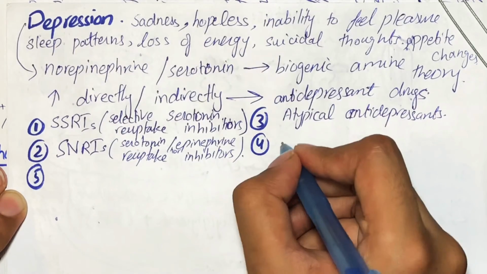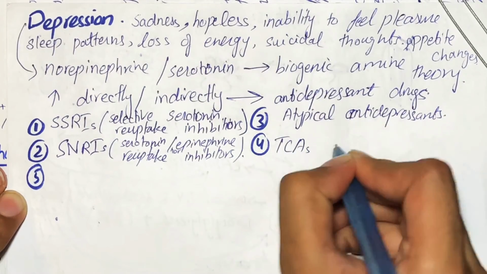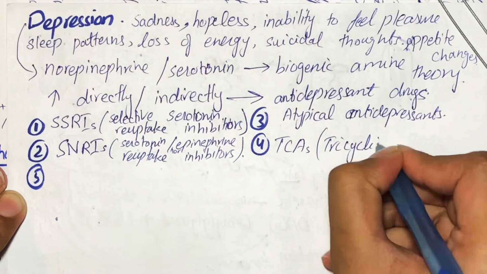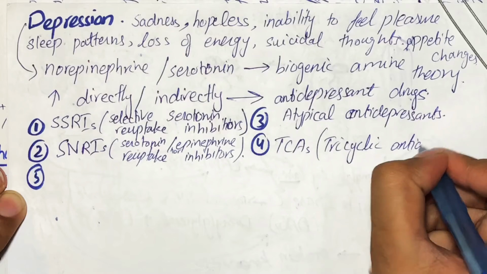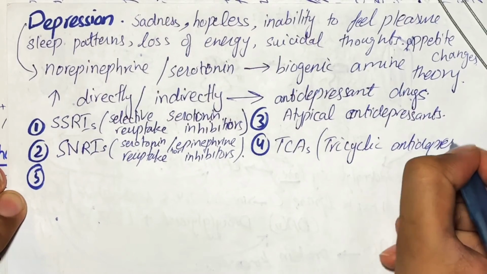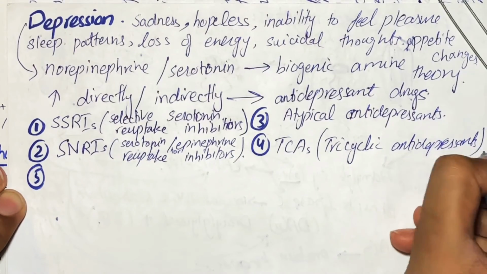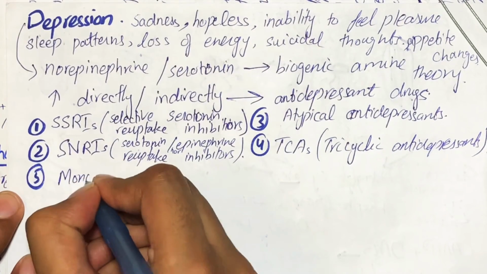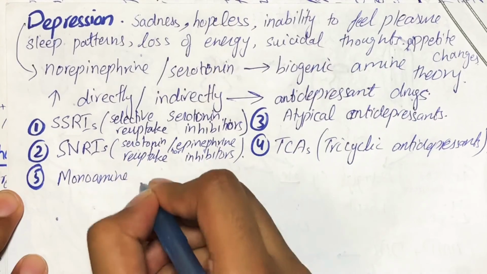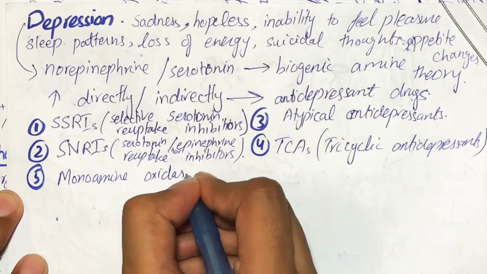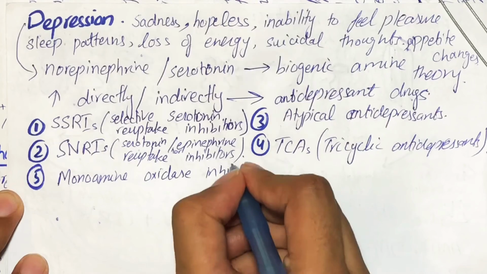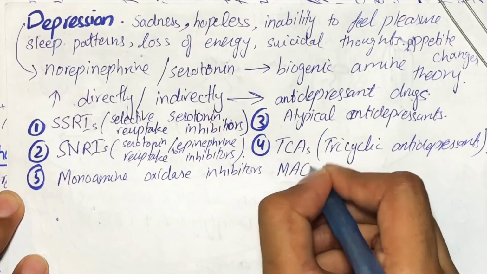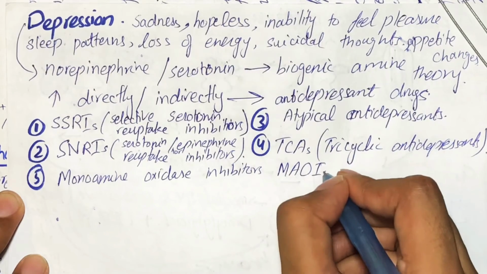And the fourth one is TCAs, which stand for tricyclic antidepressants. And the next one is monoamine oxidase inhibitors, which are known as MAOIs.